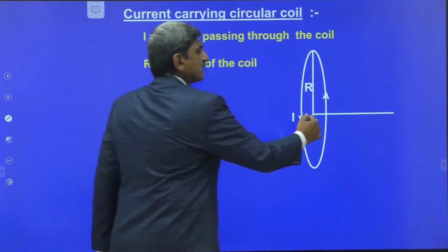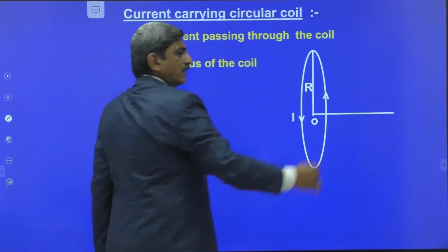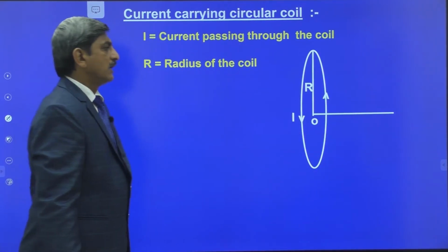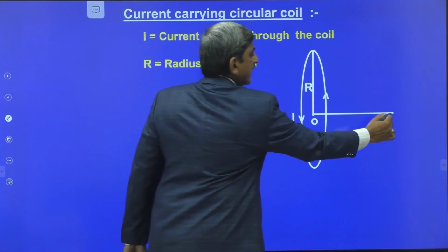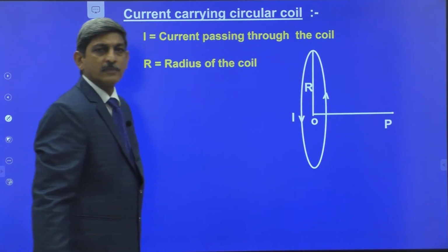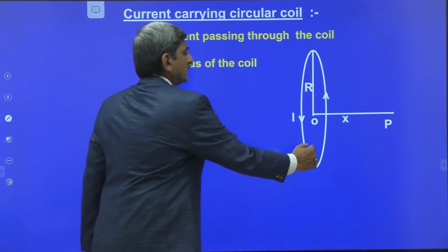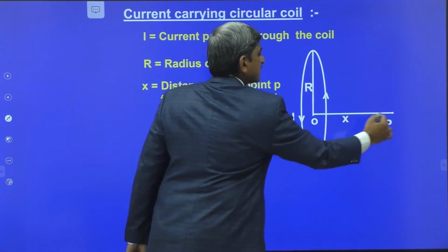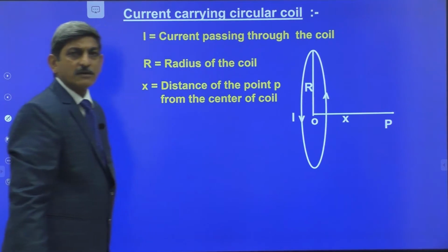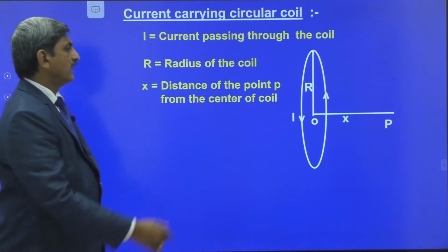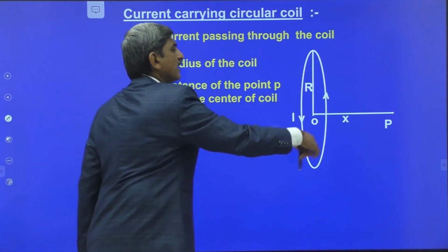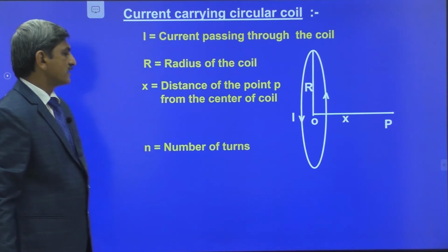This line is called as the axis of the coil. Now, consider a point P on the axis of the coil. Now, let us assume that x is the distance of the point P from the center of the coil. Let us assume that this coil has n number of turns.